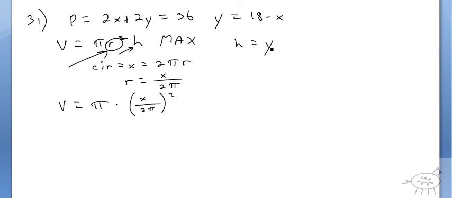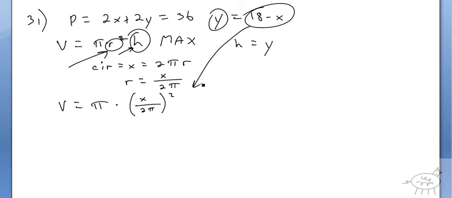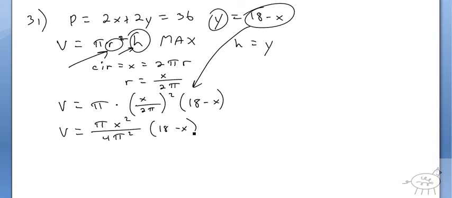But instead of using h or y, I'm going to use 18 minus x, so times 18 minus x. Let's simplify things a little bit. So it's pi x squared over 4 pi squared times 18 minus x.